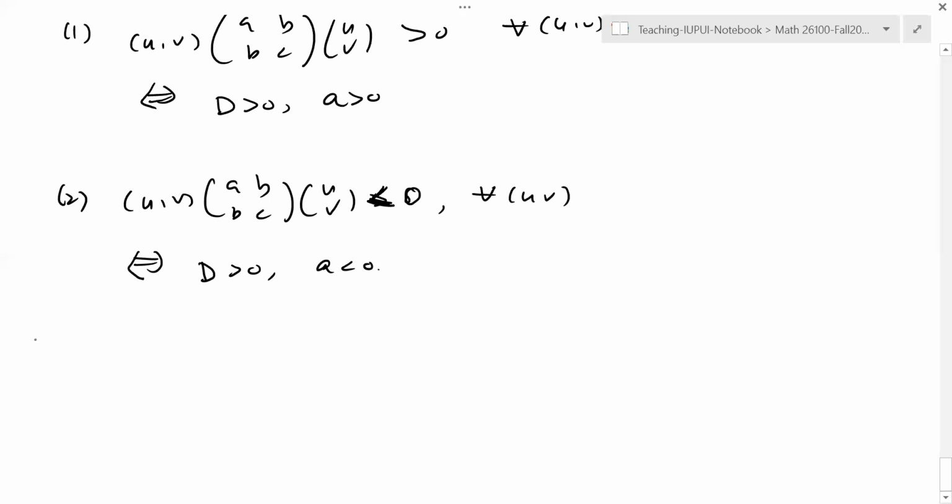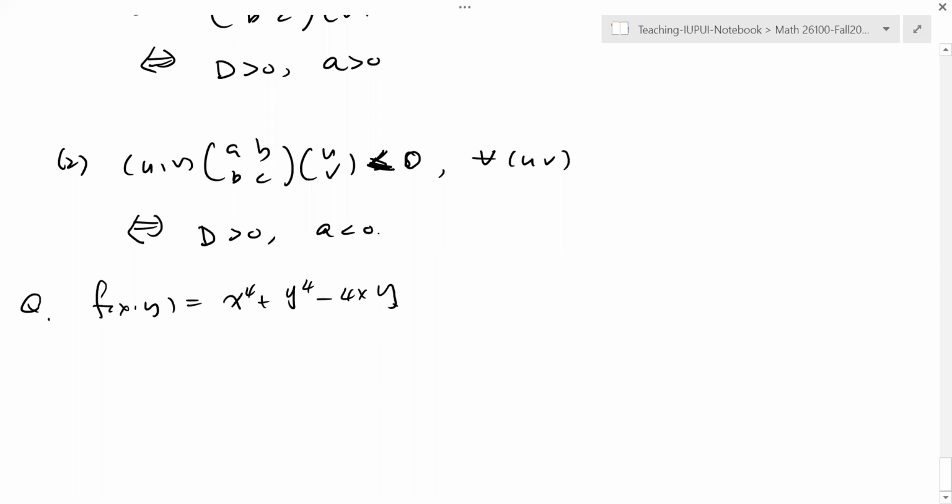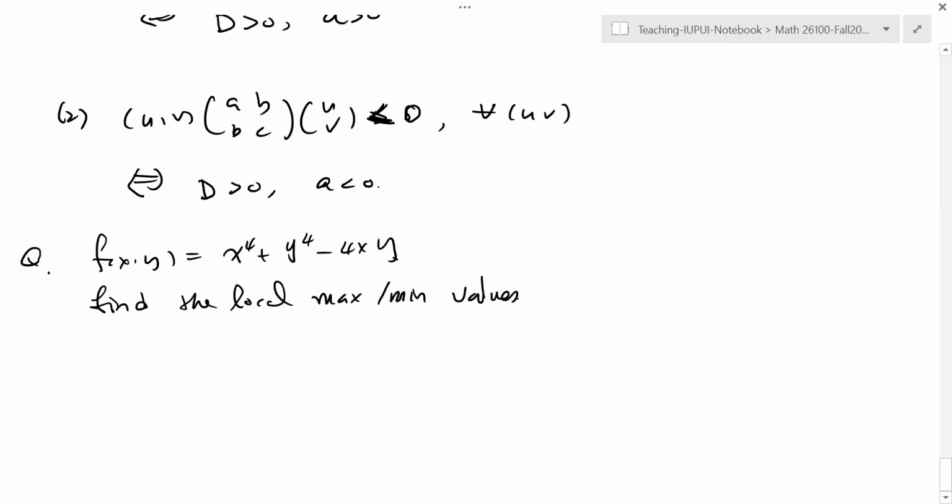You have f(x, y) equals x to the fourth power plus y to the fourth minus 4xy. And we want to find the local maximum and minimum values, if any. This function, it's hard to draw the graph right now because of x to the fourth plus y to the fourth minus 4xy.